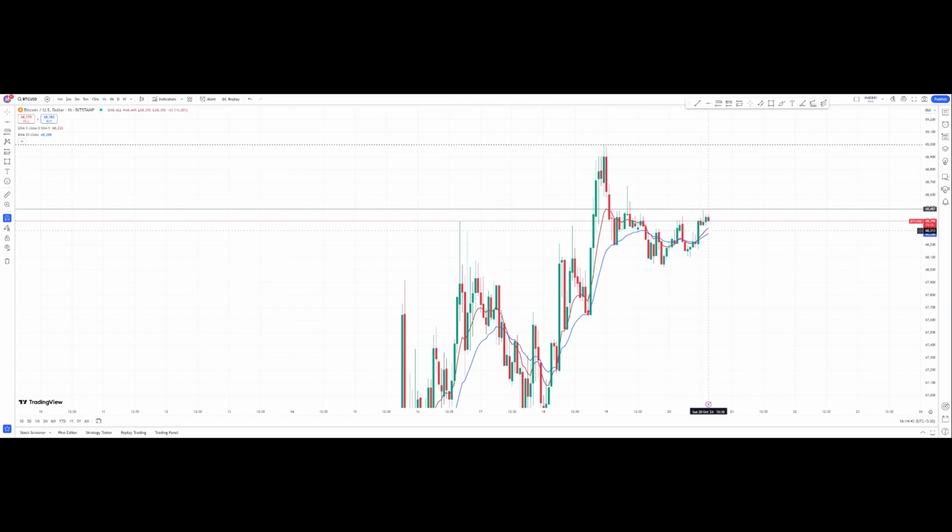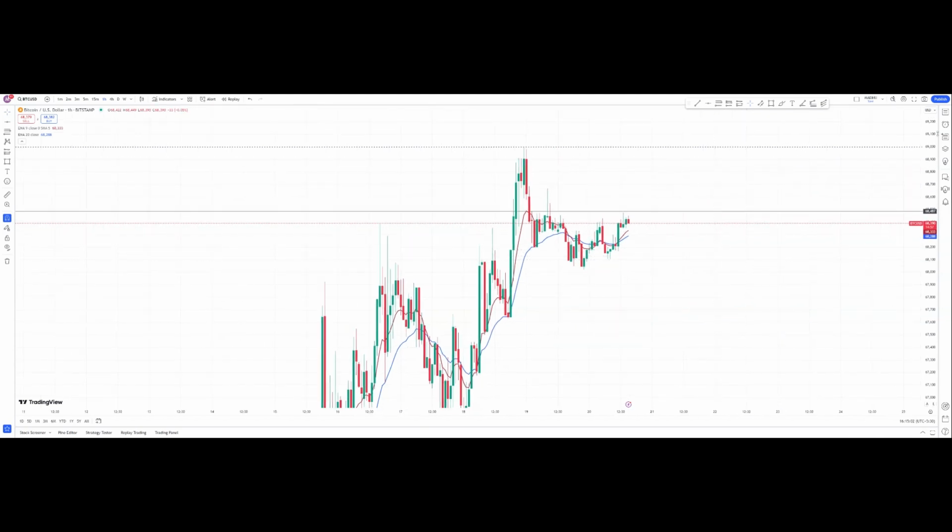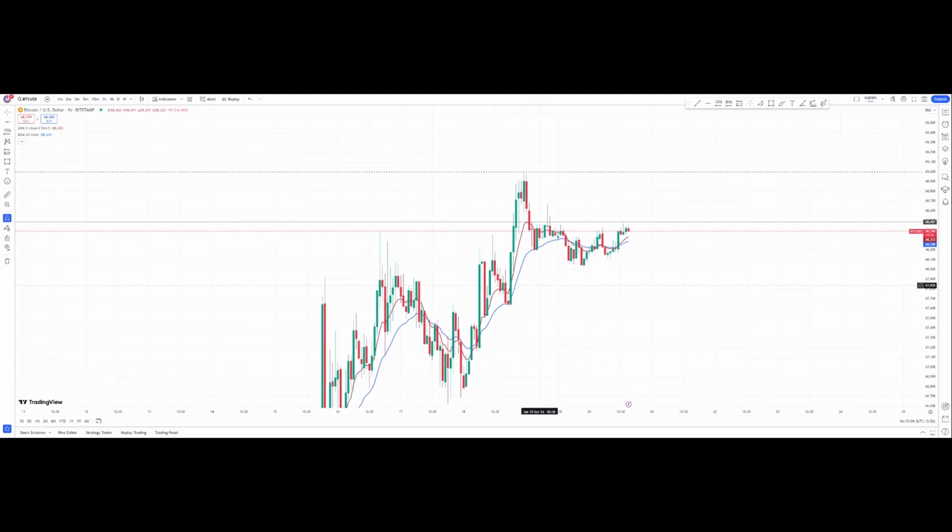So even if it comes down, it will come down till the moving average, which is at 68,333. And from there, there is a possibility to continue the trend, getting support from there. However, we need to keep watching for the market to perform.